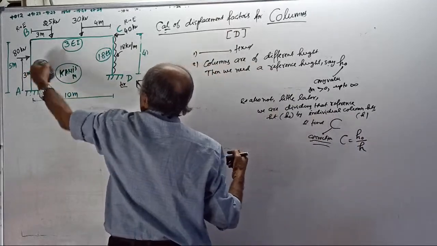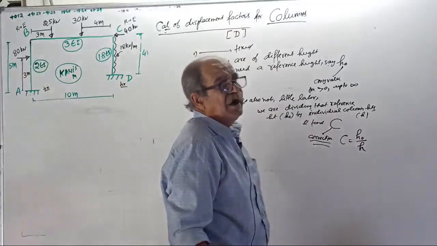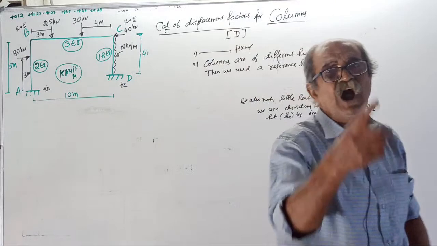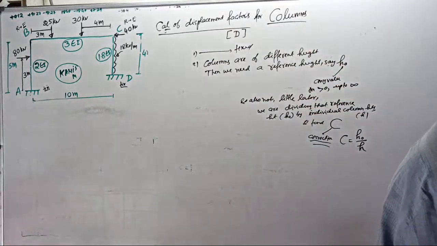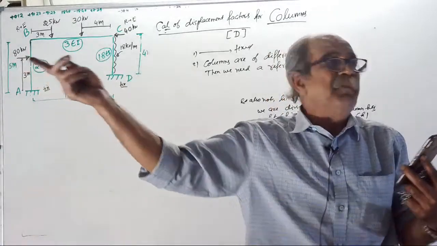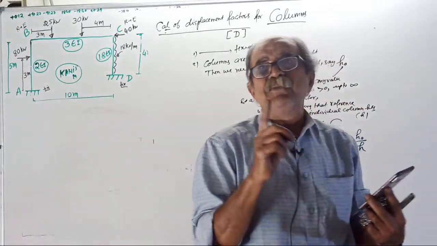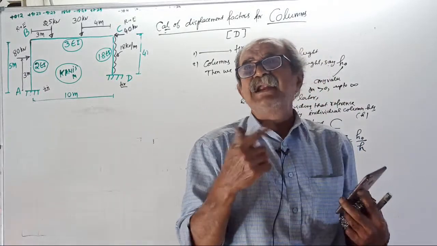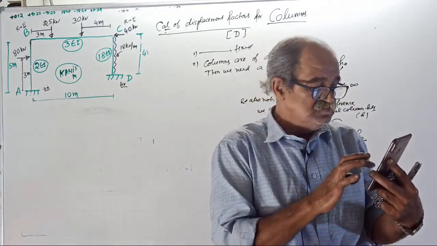Correction for first column, the left side column, is H naught by 5. Correction factor for second column is H naught by 4.